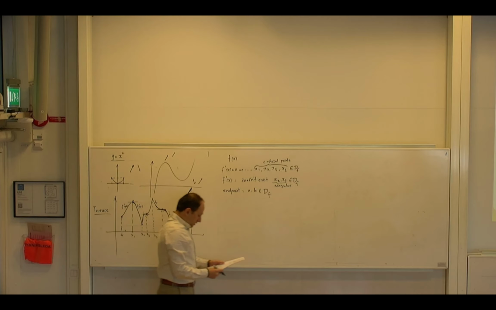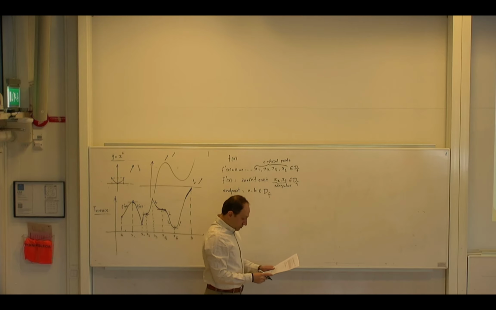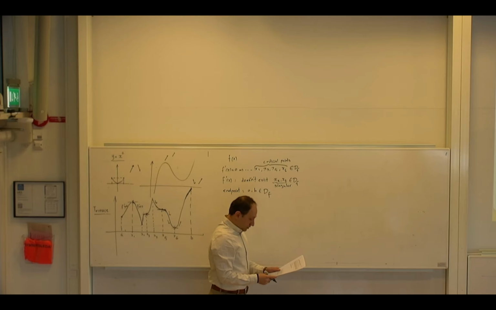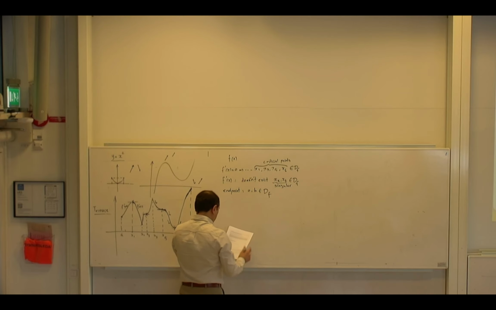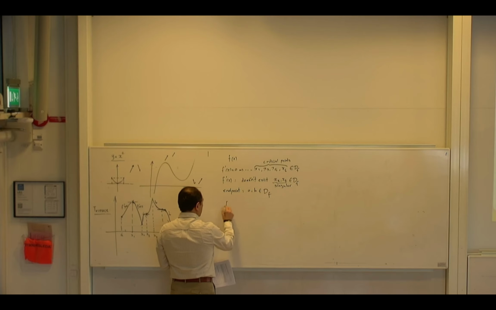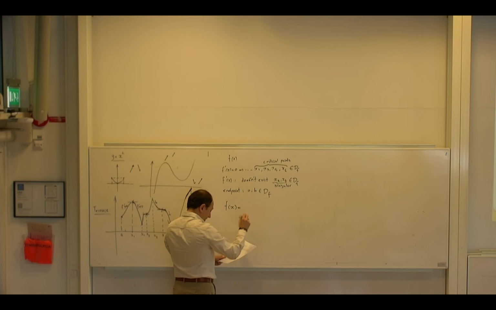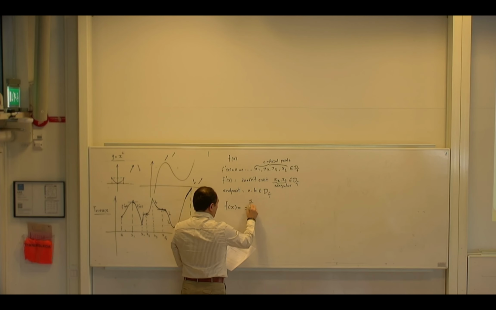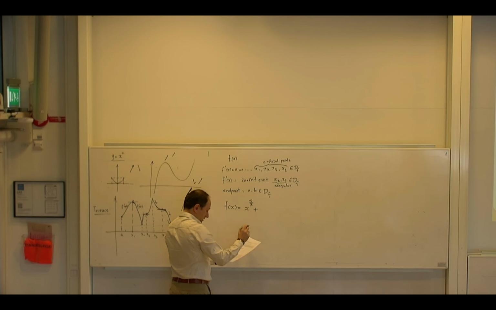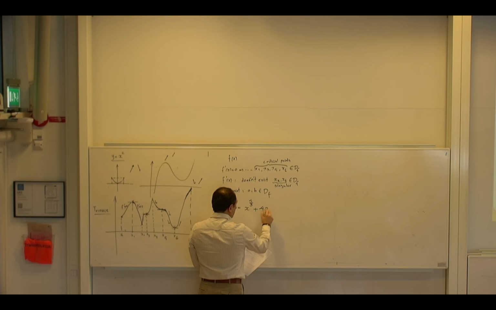Okay, so for example, if you don't mind, let me start with example 2, number 2, because number 1 is very simple, it's mainly from high school. So I give you this function. Example 2, part 2. x to power 4 over 3 plus 4 x to power 1 over 3.